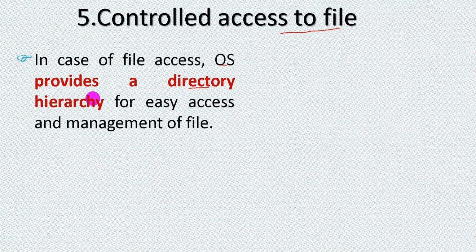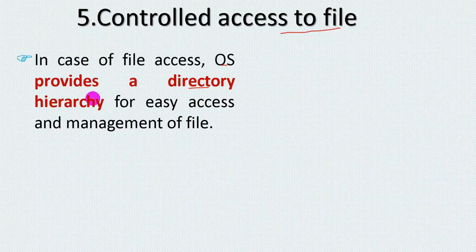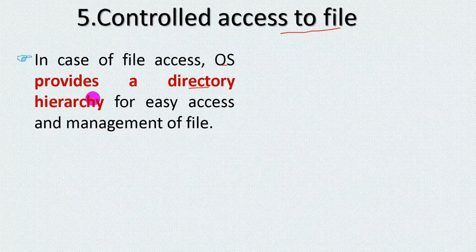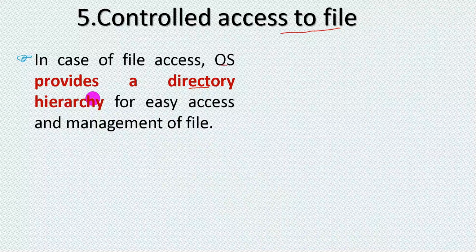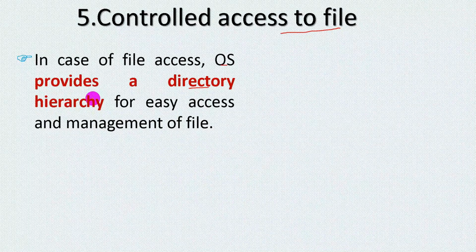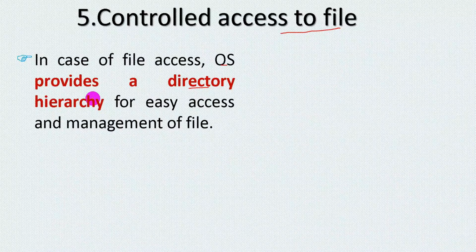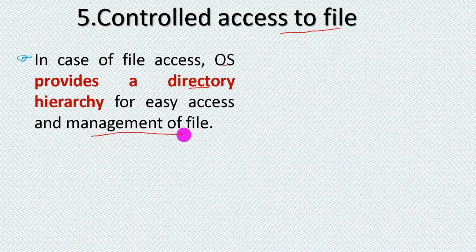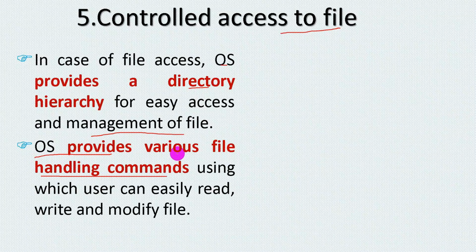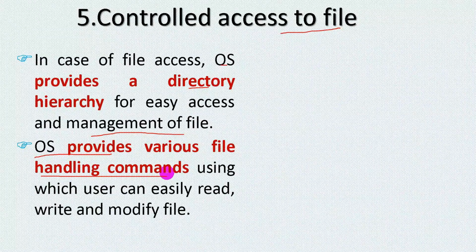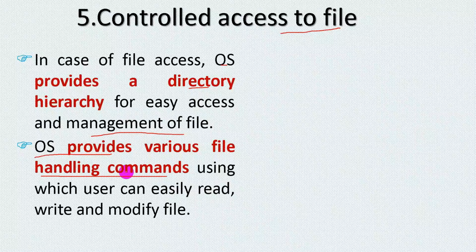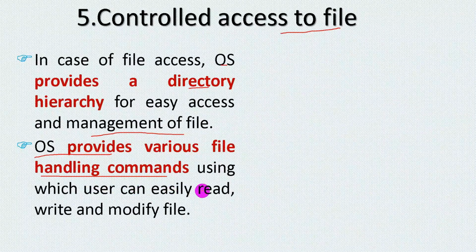Directory hierarchy means that it indicates the unique path where the file is found. The operating system provides this directory hierarchy for two reasons: one, in order to access files easily, and the second, to manage a file. The operating system provides various file handling commands, using which the user can easily read, write or modify a file.